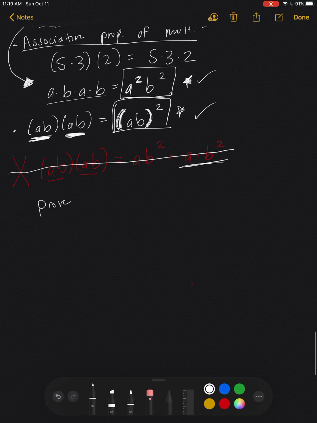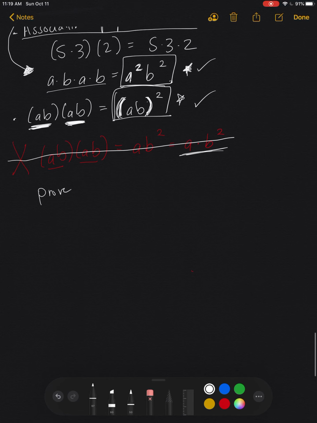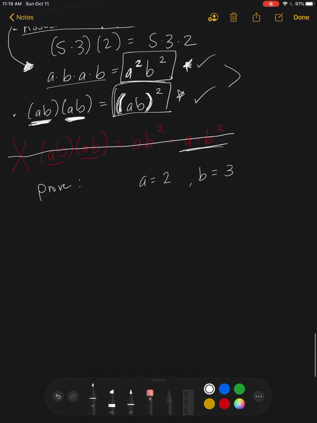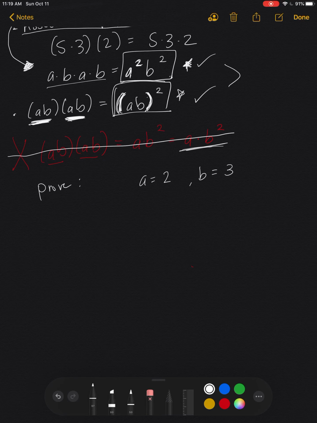And we can actually prove that. So let's prove that these are different. First let's prove that these two are the same. Let's say A equals 2 and B equals 3. You can prove anything. You can set numbers to variables and you can prove if things are the same or different. Proofs are really useful. That's what we use to derive all the formulas that you use in algebra.